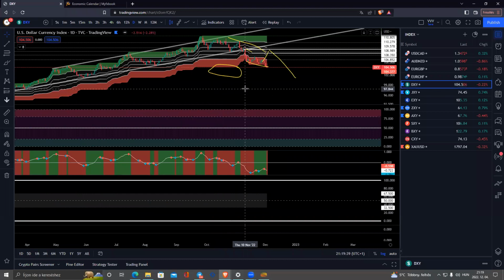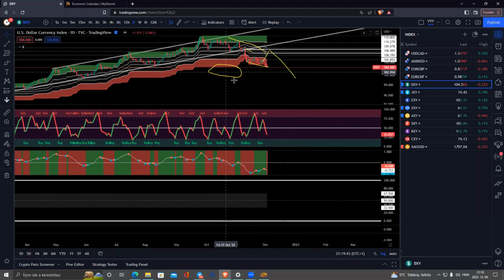Oh, the DXY. I was looking for the bullish side of the DXY with the NFP as well, but as you see, there was positive news for the DXY, but then it got a pullback as well.